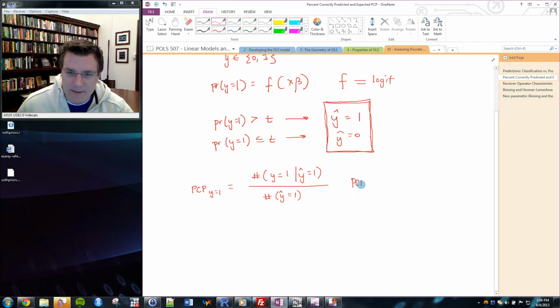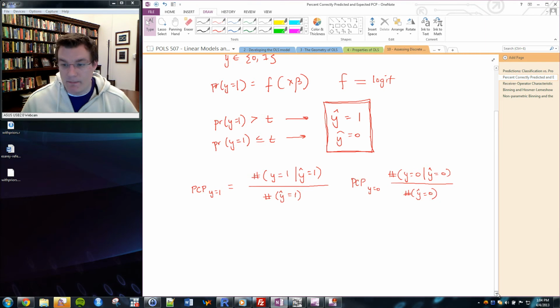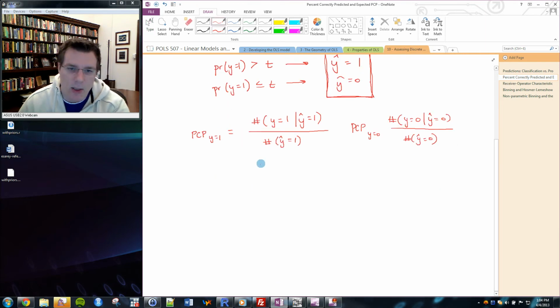For 0 cases, we look at the number of cases for which y equals 0, given that we said it was going to be 0, over the total number of cases that we said were going to be 0. And if we want to combine these, we just look at the number of correct matches over the total number of observations in the data set. So that's the unified percent correctly predicted statistic.